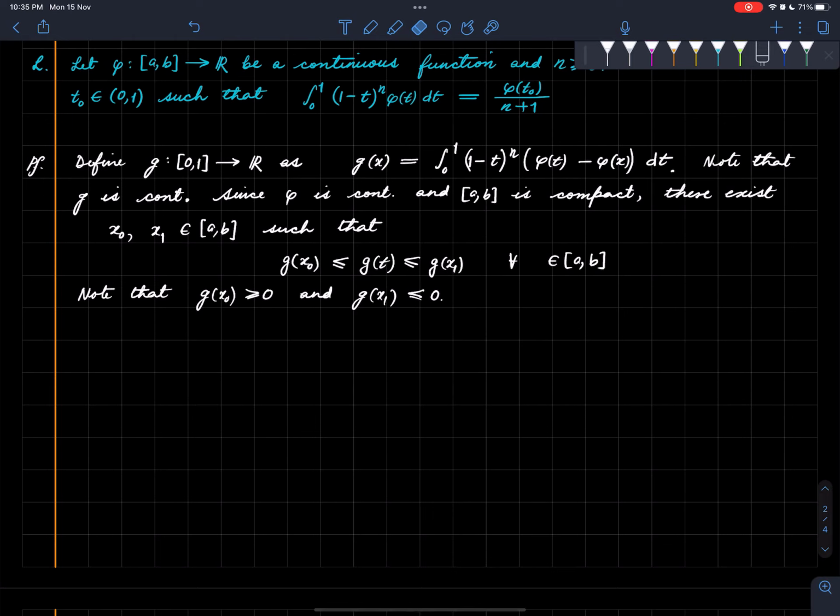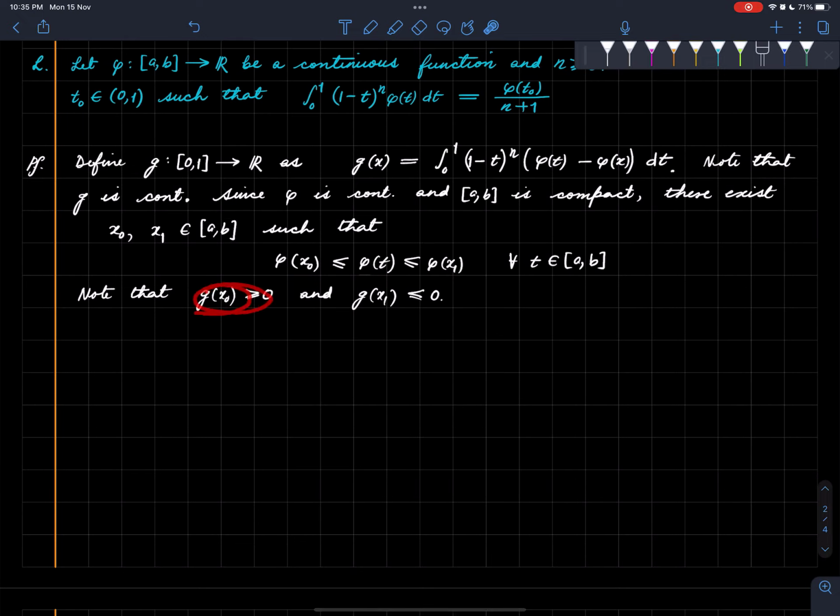Let me write it this way, which is better for exposition. Oh, this is not a g, this is a phi. My bad, sorry about that. Since phi is a continuous function on this compact interval, it achieves its global minimum and maximum. That was a bad typo.